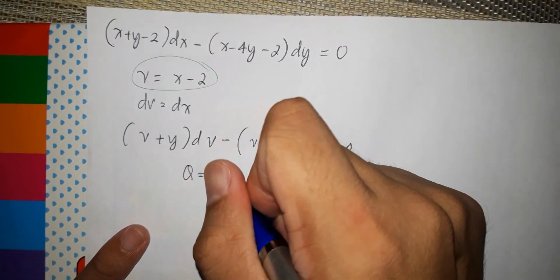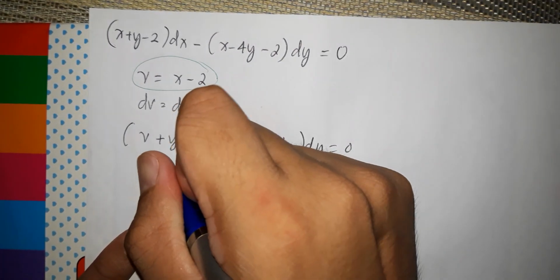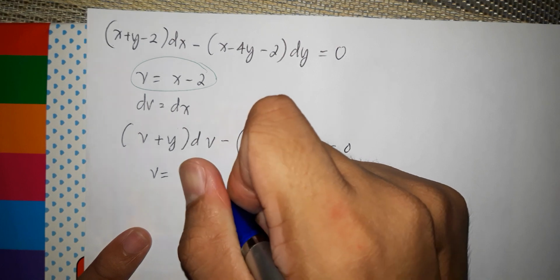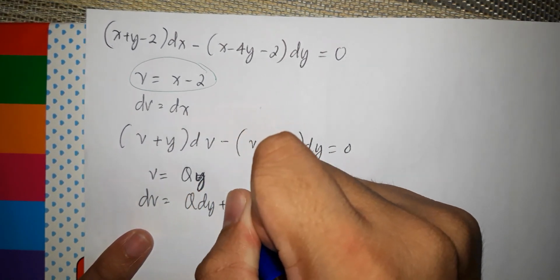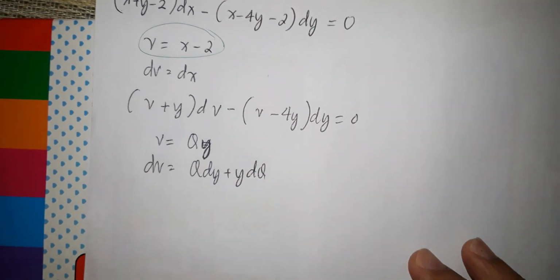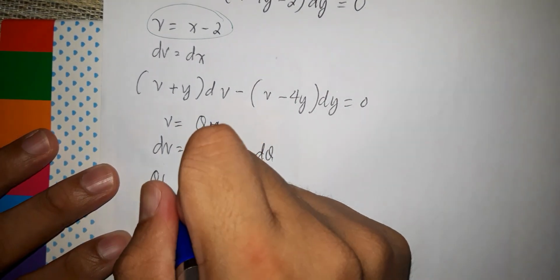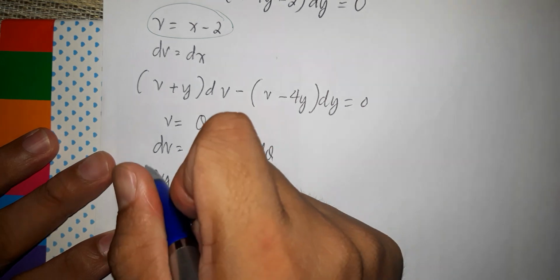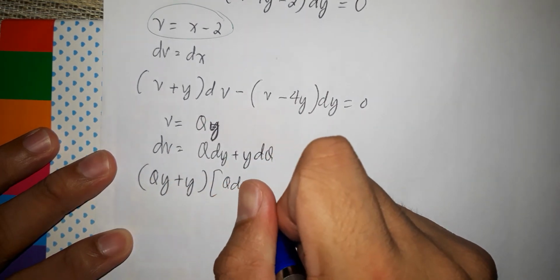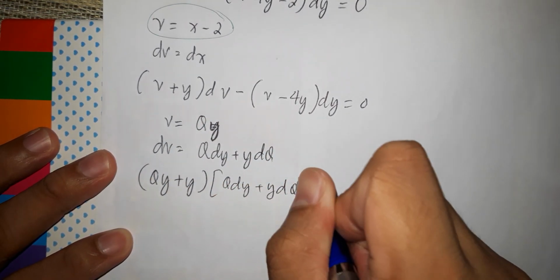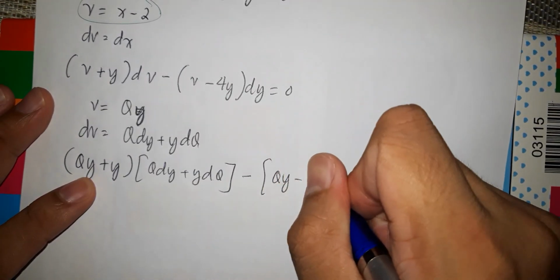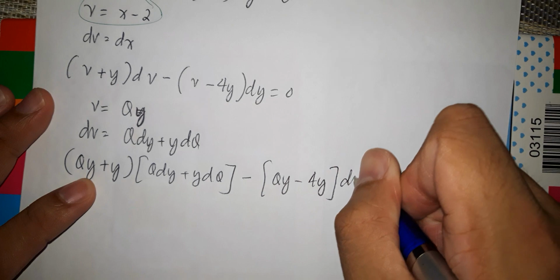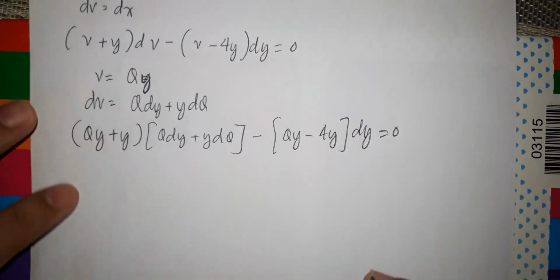Let v be equal to qy. Then dv is q dy plus y dq. So, substituting, magiging the quantity qy plus y, but dv is q dy plus y dq, minus the quantity v is qy minus 4y, dy is equal to 0.